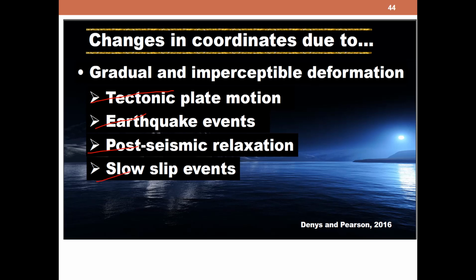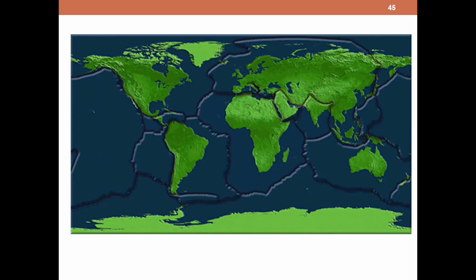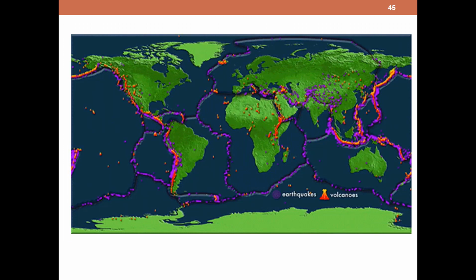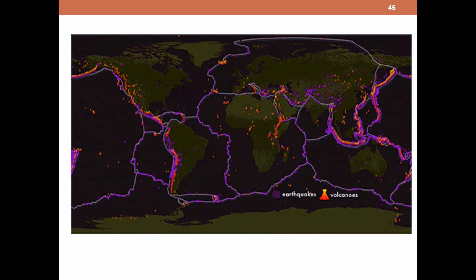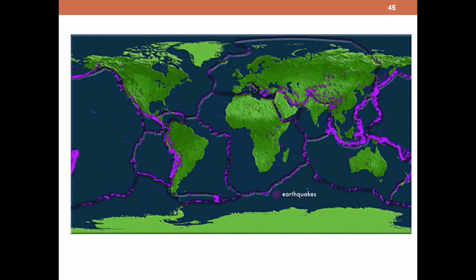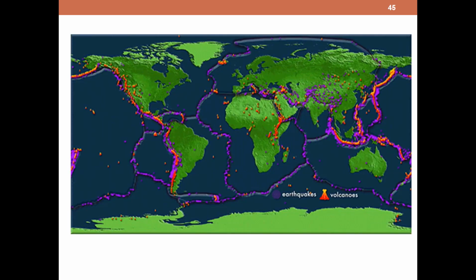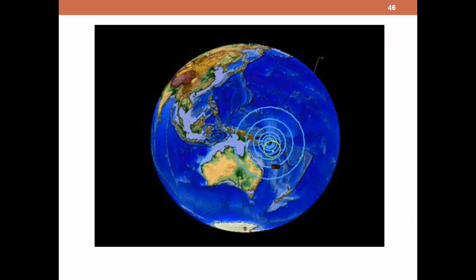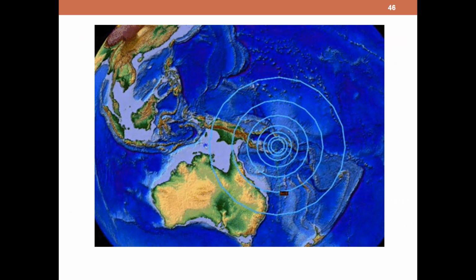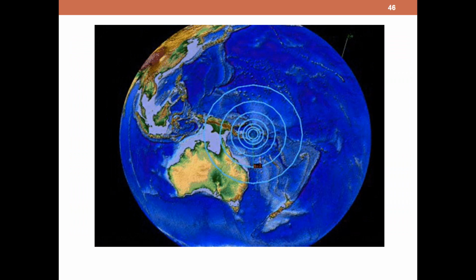So mao na ang mga reasons nga naay changes in coordinates. For example, that one, the changes on the tectonic plates movement is the post-seismic relaxation.